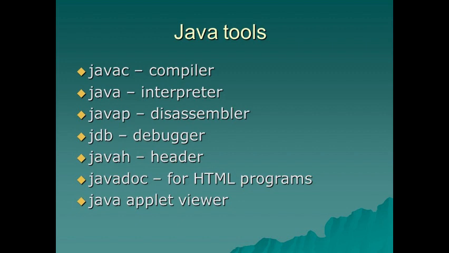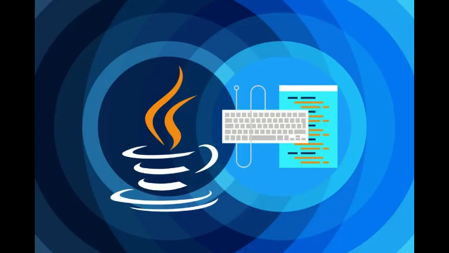Java compiler, Java interpreter, the Appletviewer, the JDB tool, the Javap disassembler, the Javadoc tool, and the Javah tool. So all the tools we can see in detail in this video. So stay with me and learn very easily.